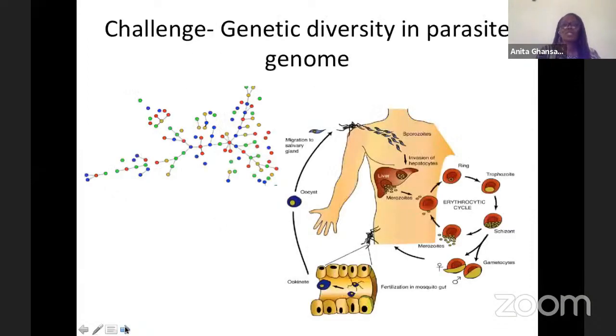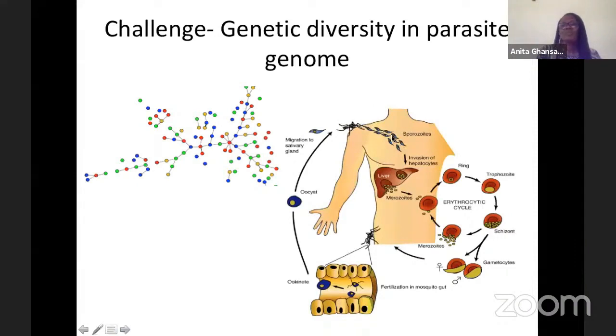But the challenge with malaria control and elimination is the complexity of the malaria parasite. So the parasite is so diverse in its nature because it has to surmount the mosquito host, and then when bitten and released into the body, it has to surmount the liver stage.